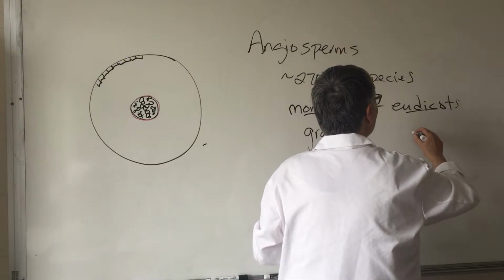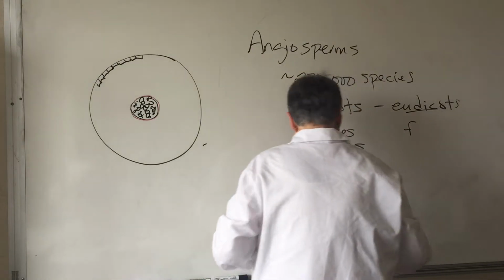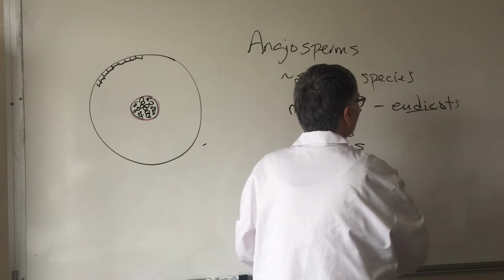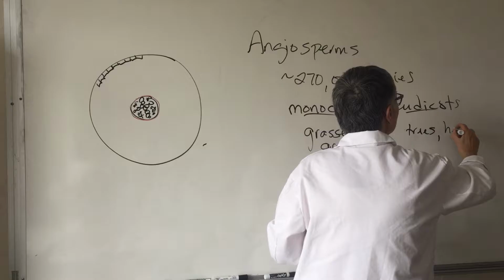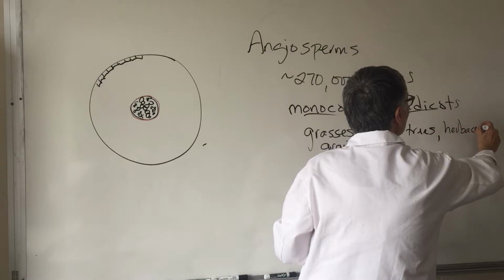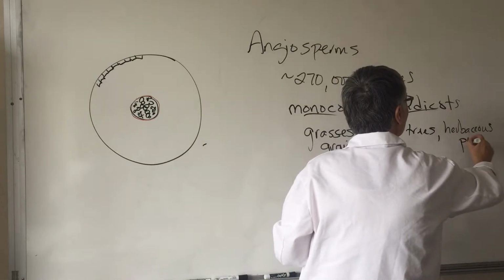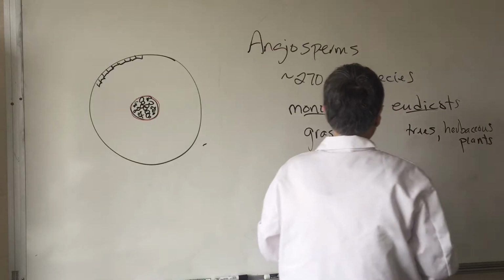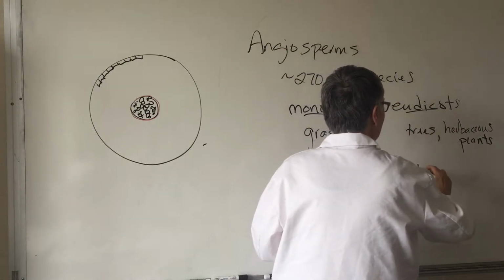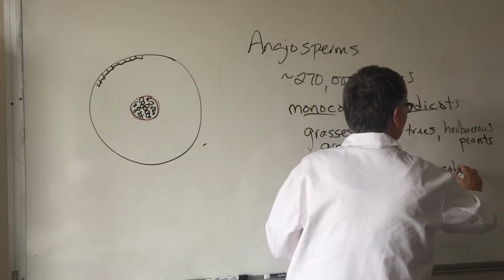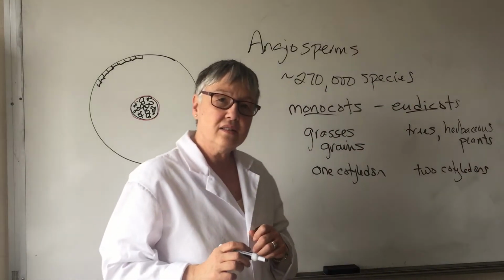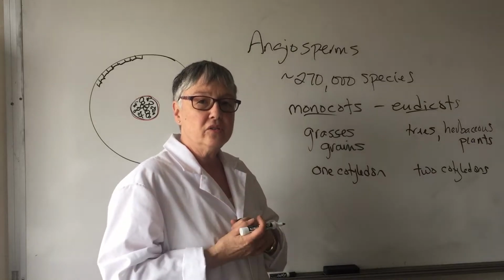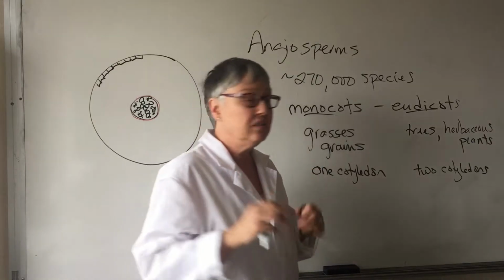Eudicots are the other group. So trees, herbaceous plants, everybody else, and they actually have two cotyledons that emerge during germination, two embryonic leaves, if you will.